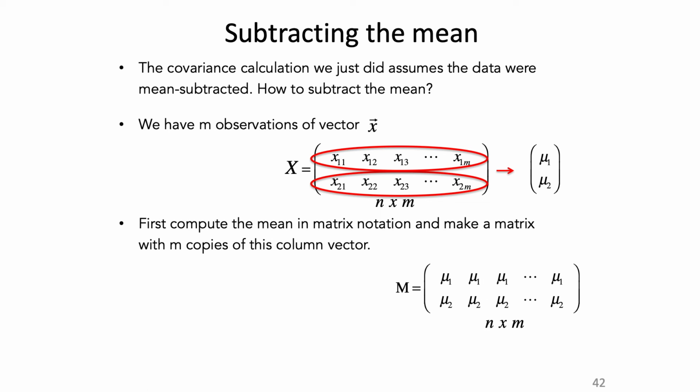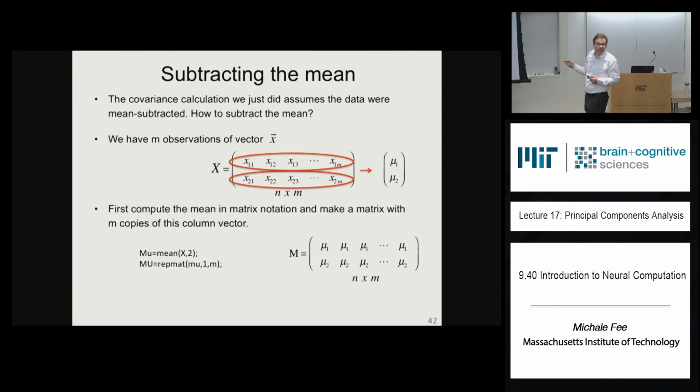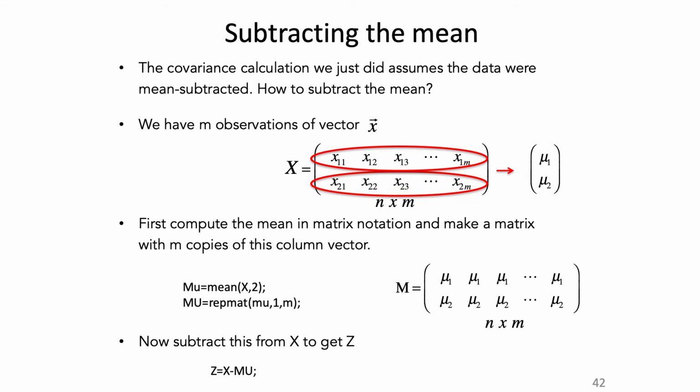That's really easy in MATLAB. Mu is the mean of x, summing across the second component. That gives you a mean vector, and then you use repmat to fill that mean out in all of the columns, and just subtract this mean from x to get this data matrix z. Okay?